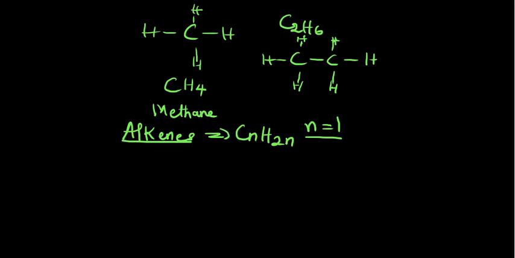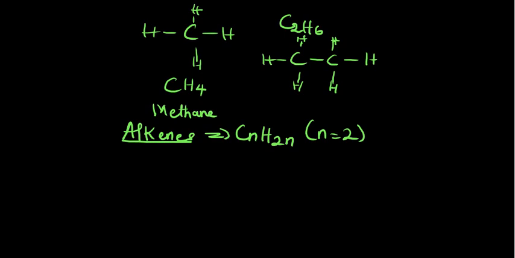In alkene, the first member starts from n equals 2. So in alkene you are not starting from meth, because meth represents 1, while eth represents 2 in organic chemistry. I hope you understand.